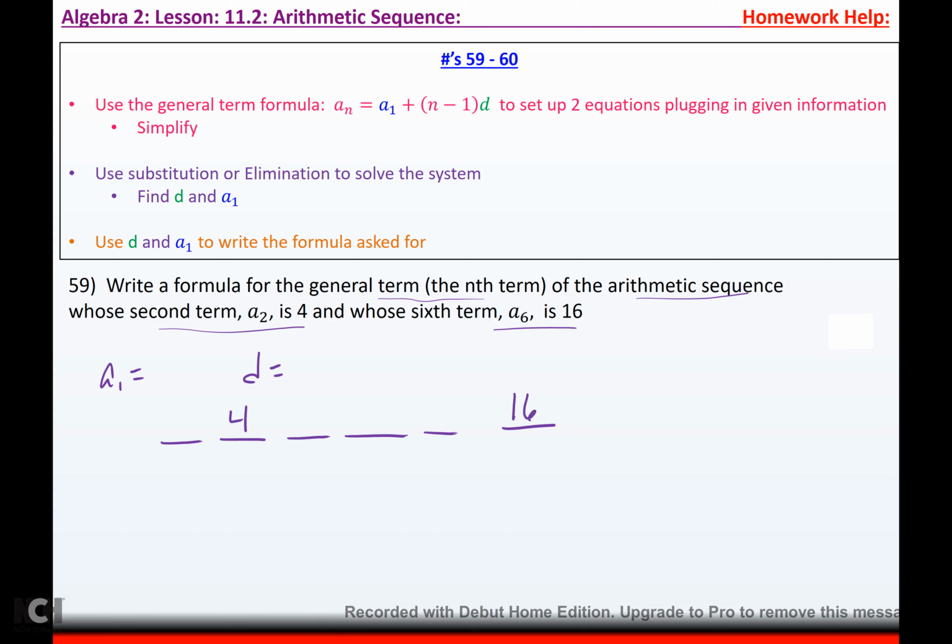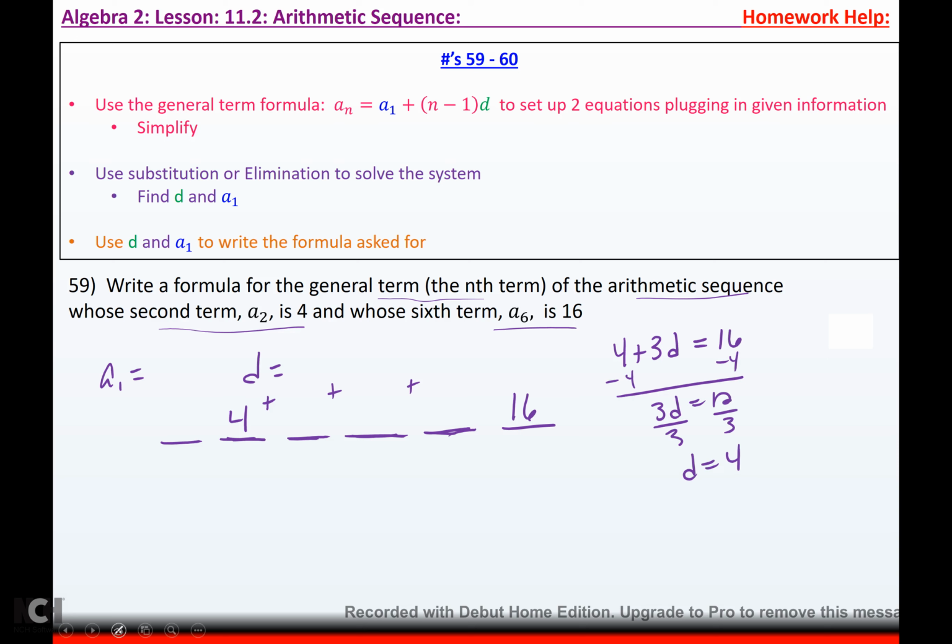Well, I know I've got to get there by adding something. So plus something, plus the same something, plus 3 somethings has to equal 16. So 4 plus 3 common differences has to equal 16. Does that make sense? So if I solve that, minus 4, I get 3d equals 12, divide by 3, and d equals 4.